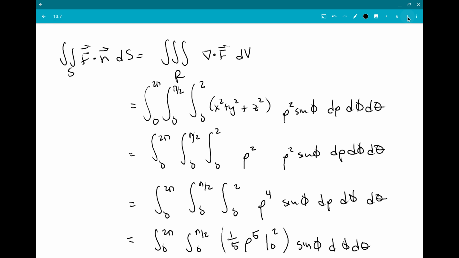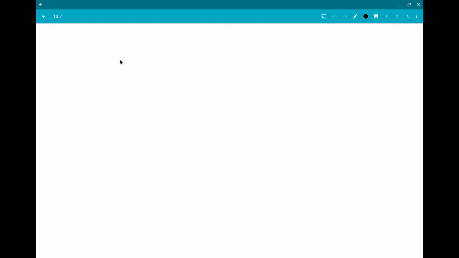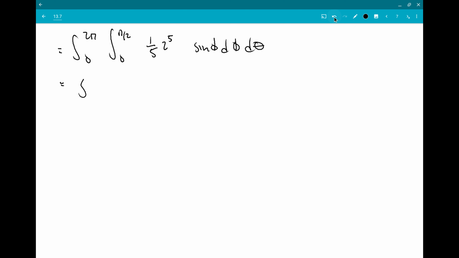And so that's going to give us, from 0 to 2 pi, 0 to pi over 2, 1/5 times 3 to the fifth minus 0. So we can pull our constant out front. Go 0 to 2 pi, 0 to pi over 2, integrating sine phi d phi.